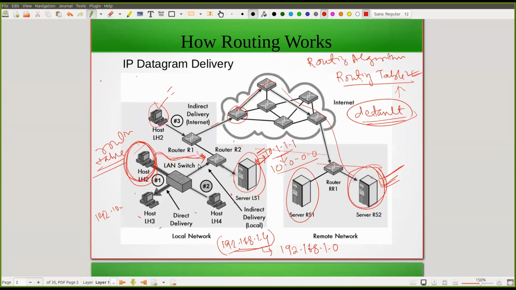Irrespective of my destination, I always have to send the packet to this router. If I go for a dynamic approach, dynamic is always complex. But as my route is always fixed, it is always better to have a static routing table. Yes or no?